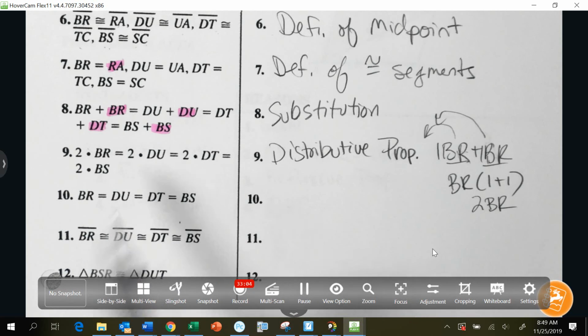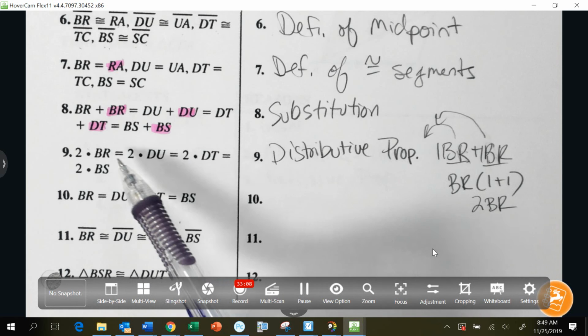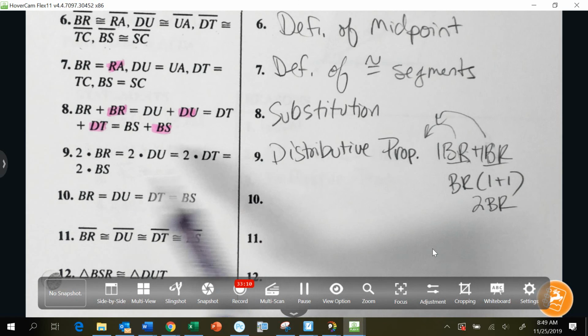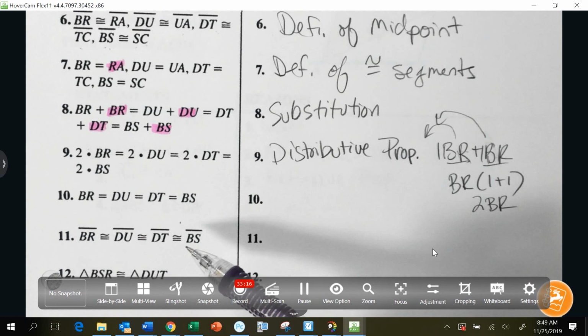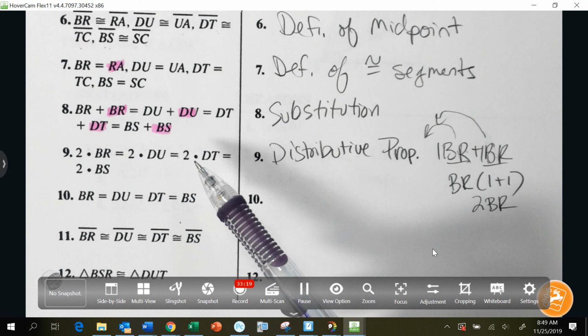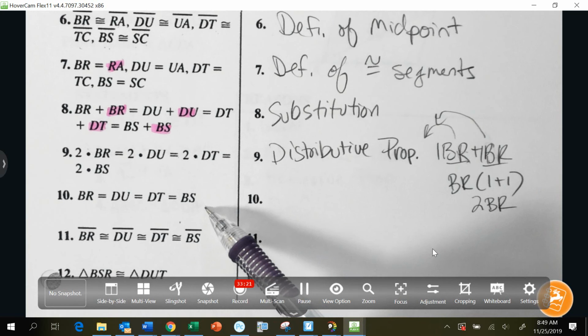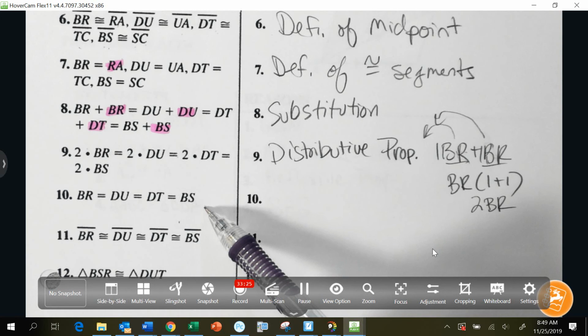Just tell me what's happening from number 9 to 10. They're equal to each other in number 9. Well, yes, I understand what you're saying, but how did it change? You got rid of the 2's. Right. The 2's are gone.